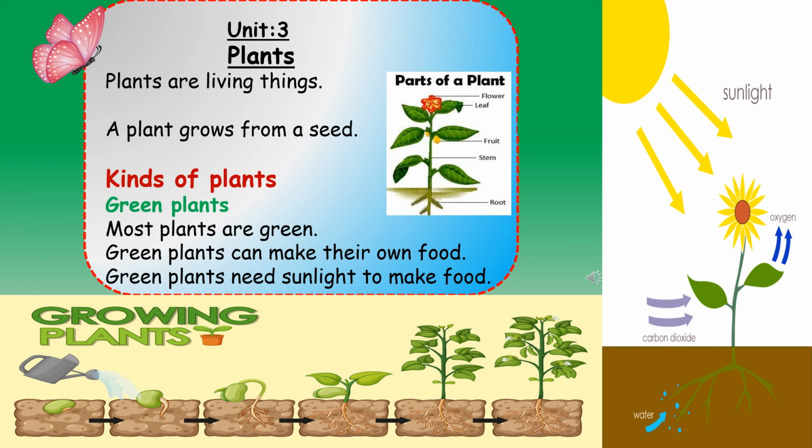In the presence of carbon dioxide, they change that carbon dioxide, water and sunlight into oxygen and sugar. That's how they make their food, and this whole process is called photosynthesis.